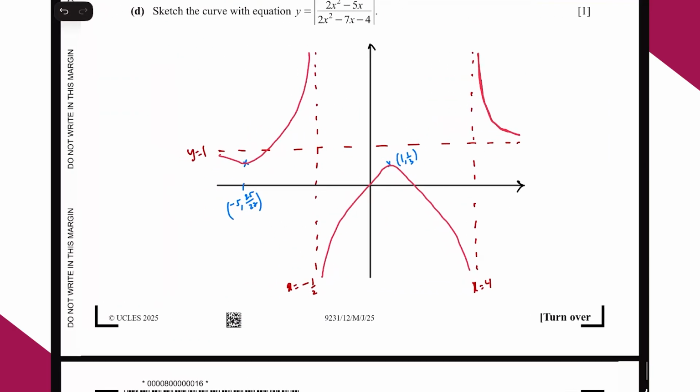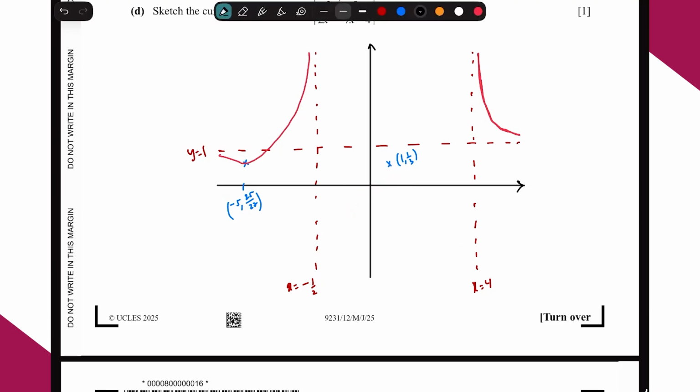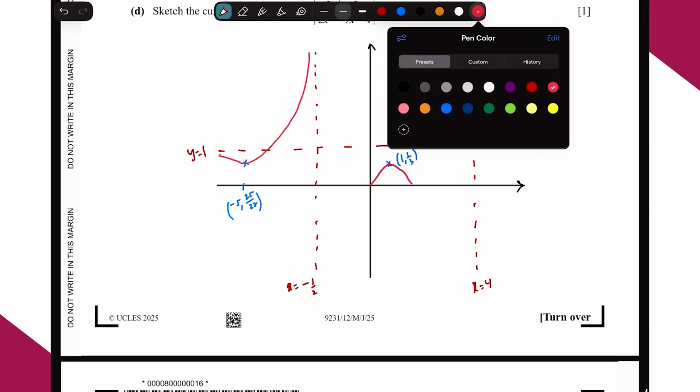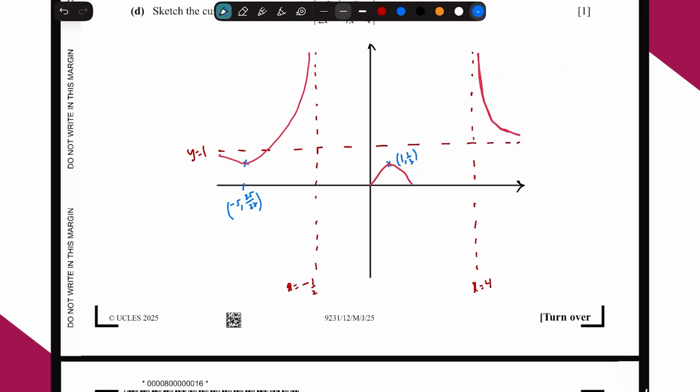The only thing we have to change is this: remember that this portion remains the same. What does change is this portion right here.